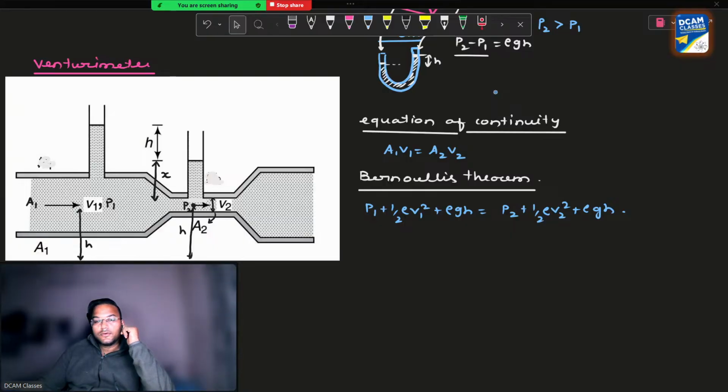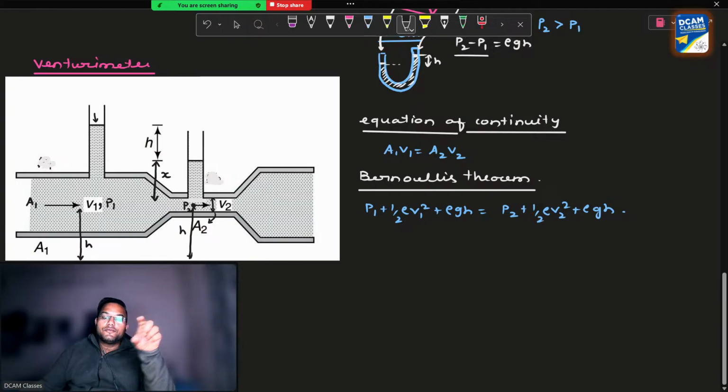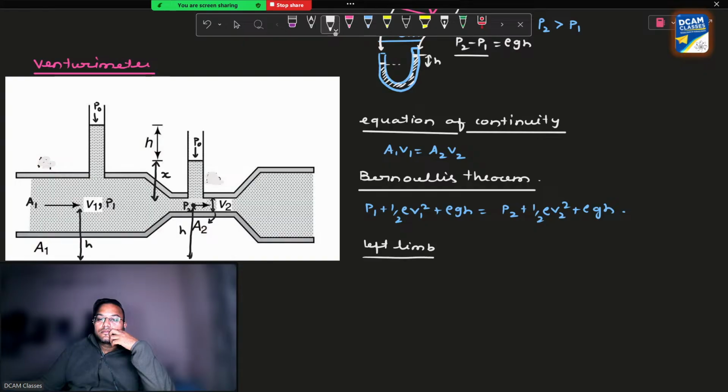Okay, let me tell you. See, the pressure at the top of each limb is P naught because it is open to atmosphere. Now, if we take the left limb, what will be the pressure P1?